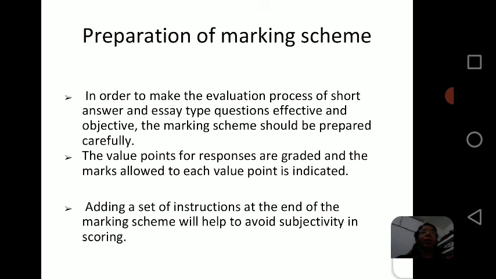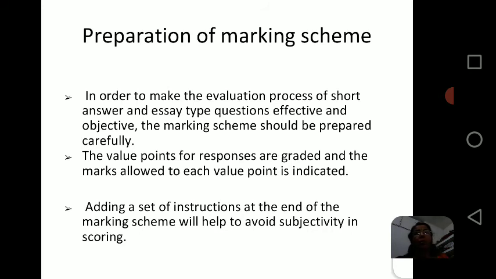You have learned in the previous class the qualities of an achievement test. Among them, objectivity is a quality. That means objectivity in interpreting the questions, and also objectivity in the scoring procedure. If an answer script is scored by two teachers, the score should be the same or similar.